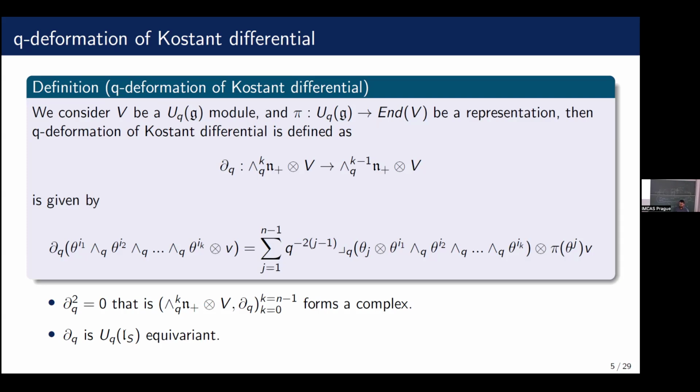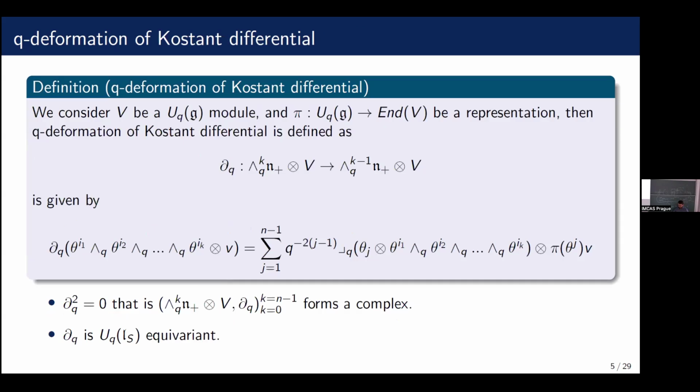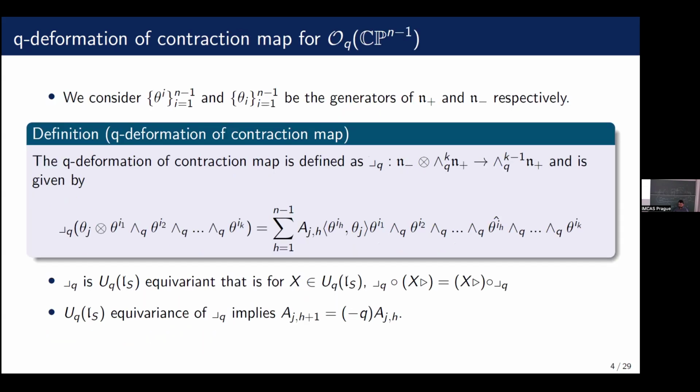This contraction map, is it basically injecting the wedge product into the product and then just pairing the first two? Exactly. If you look here, sorry. We tend to pair the first two and then wedge.